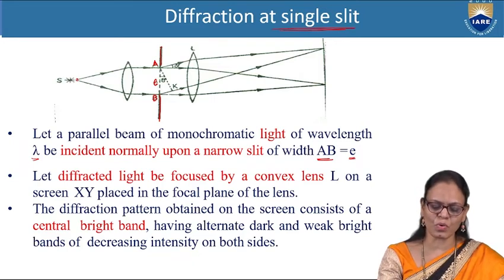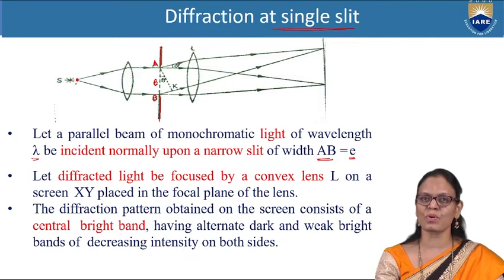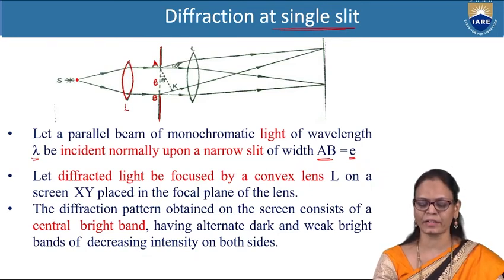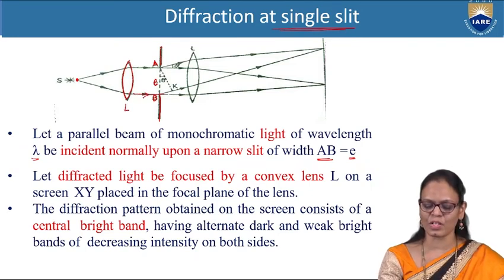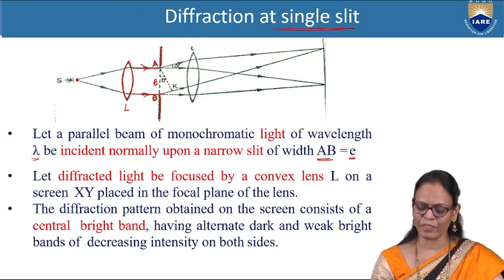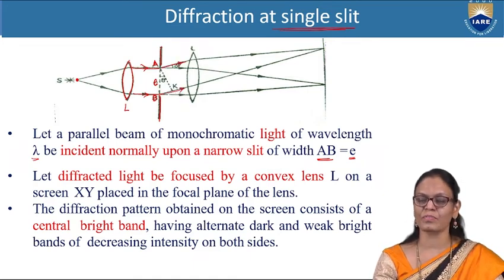Now this is a source, that is the monochromatic light. Light from this source is focused with the help of a convex lens. We are keeping a convex lens L here, and this light is focused onto the slit. When it is focused onto the slit, we know that there is bending of the light at the corners of the obstacle.